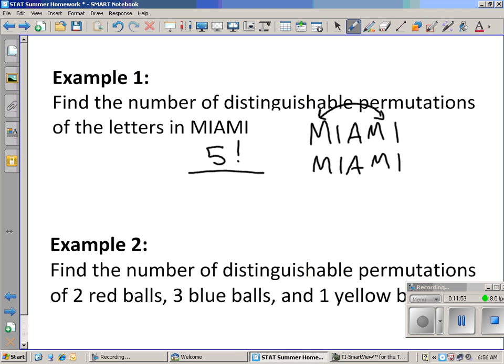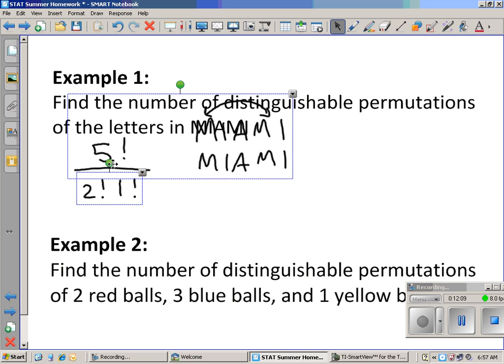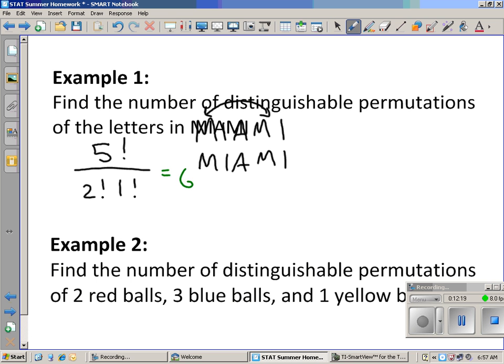So I need to take out all of those combinations, which is 2 factorial. And the same thing's true for I. I need to take out the duplicates of I. So if I take 5 factorial over 2 factorial times 2 factorial, I get 30.